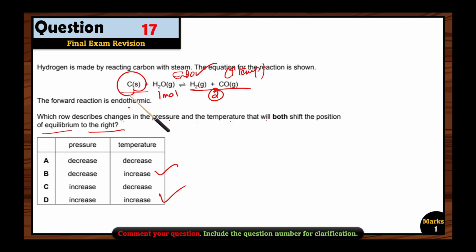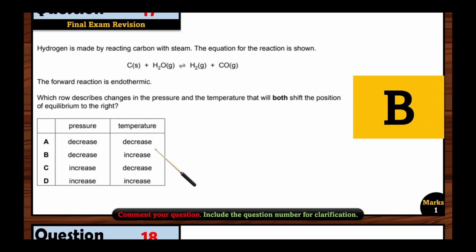This is not a gas, this is a solid, okay? So pressure has nothing to do with the solid, it only has to do with the gas. We want the equilibrium towards the right side. So what should we do? We should decrease the pressure, because decreasing the pressure always helps the one that is more in number, and 2 is more in number. We want this reaction to go to the right side, right? More production of carbon monoxide and hydrogen. So for that purpose, we should decrease the pressure. So decreasing the pressure is the right option, that is option B.